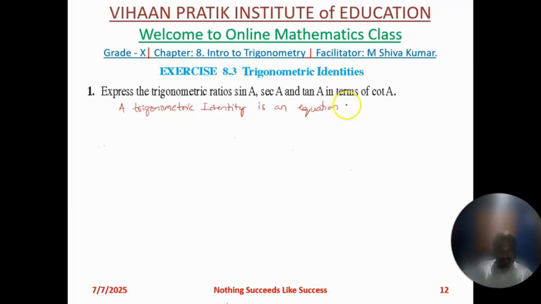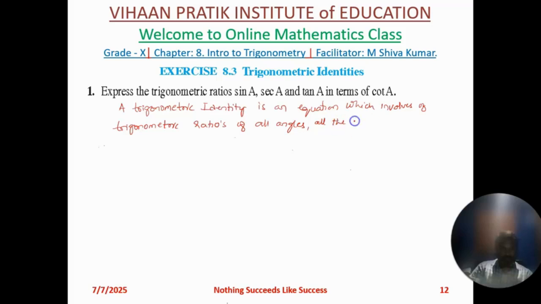So it is an equation which involves trigonometric ratios of all angles, and the condition is that it is true for all the values of these angles.